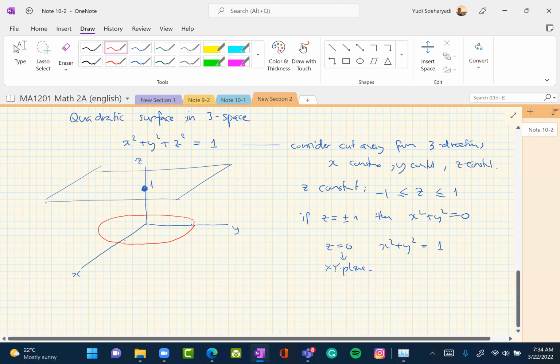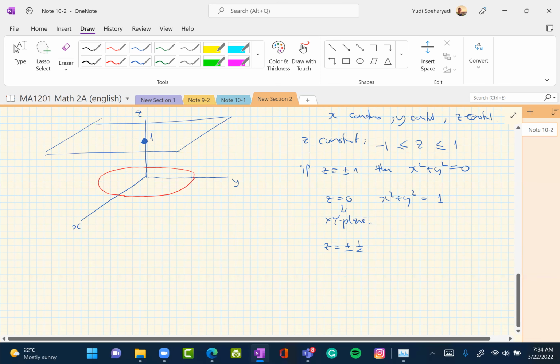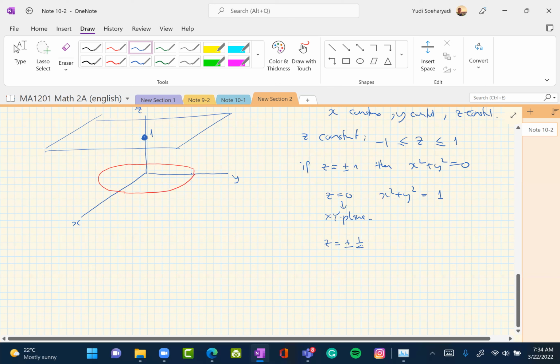All right, for example, what if z equals 1/4, or plus or minus 1/4?